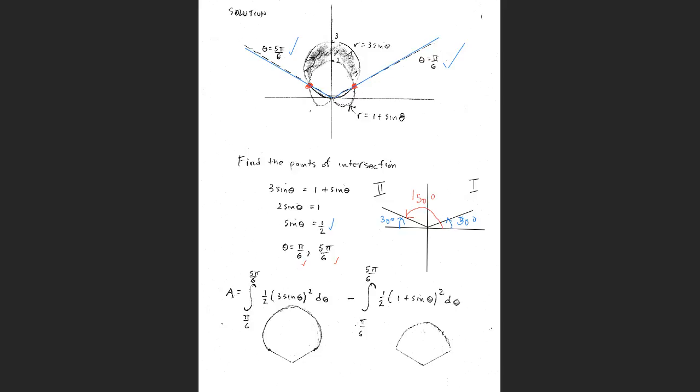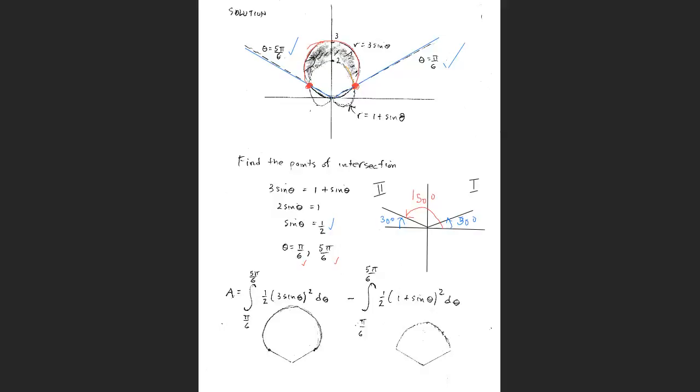Notice the shaded area of interest begins at pi over 6. Here's the one polar curve. It ends at 5 pi over 6, and same with the other polar curve, which I'll put in purple.